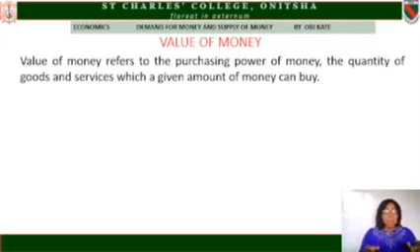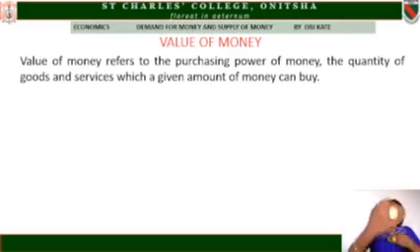And again, when you want to convert naira to dollar, the amount of naira you will use to get just a dollar will be very high. So it implies that the value of naira is low.